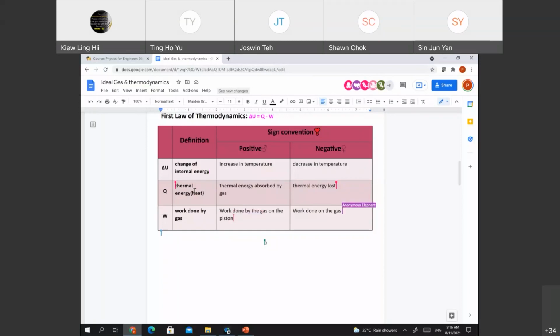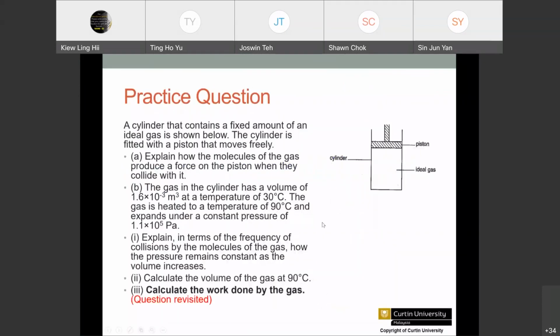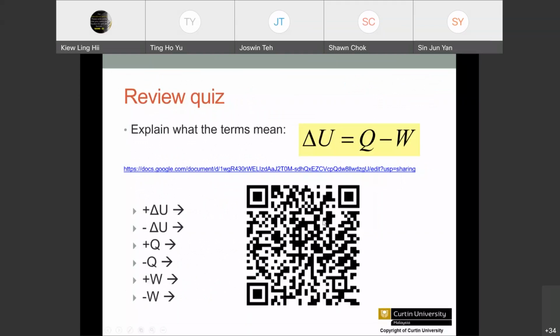Because usually the question will not tell you that the work is done on the gas. The questions will tell you the change in volume, or they will say the piston is compressed, the gas is compressed, or the gas is expanded. So just put that for more information. Okay, it seems like you are very good. Now let's move on to the calculation part.